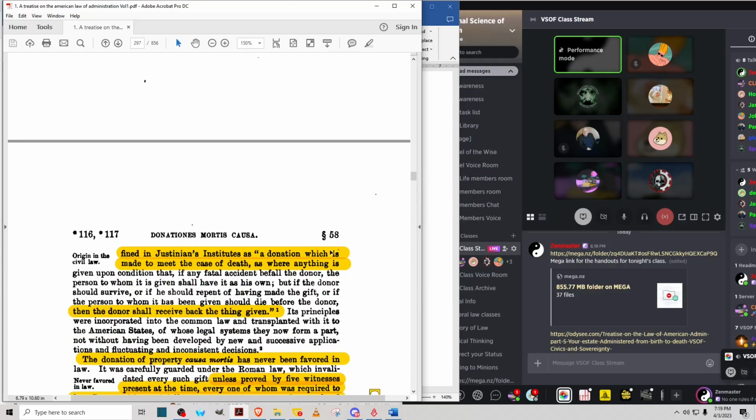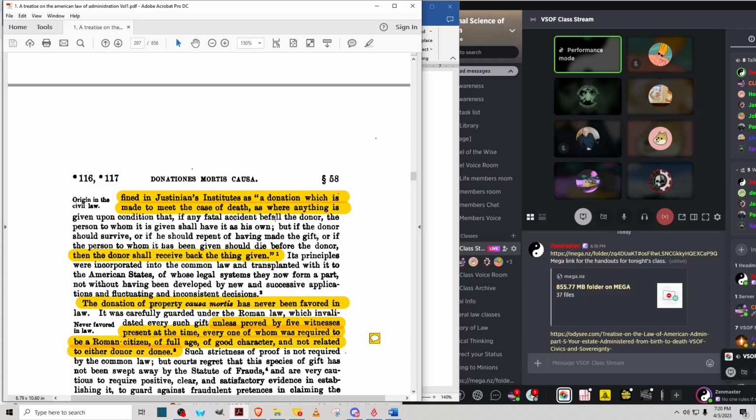It is defined in Justinian's Institutes as a donation which is made to meet the case of death, as where anything is given upon condition that if any fatal accident befall the donor, the person to whom it is given shall have it as his own. But if the donor should survive, or if he should repent of having made the gift, or if the person to whom it has been given should die before the donor, then the donor shall receive back the thing given.